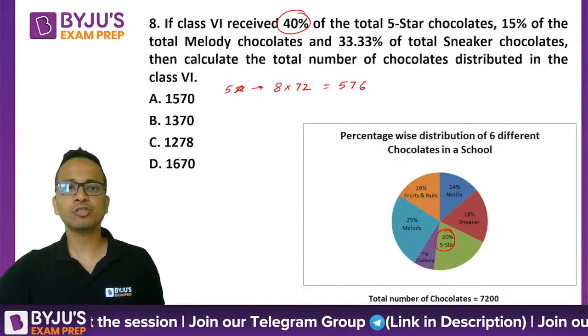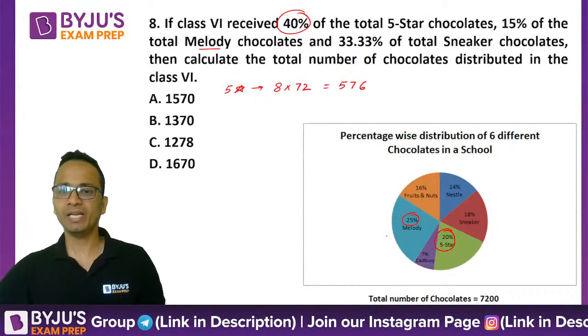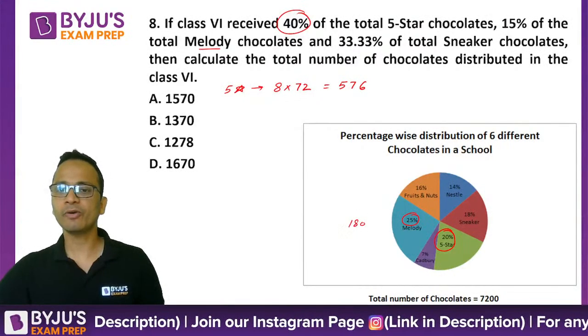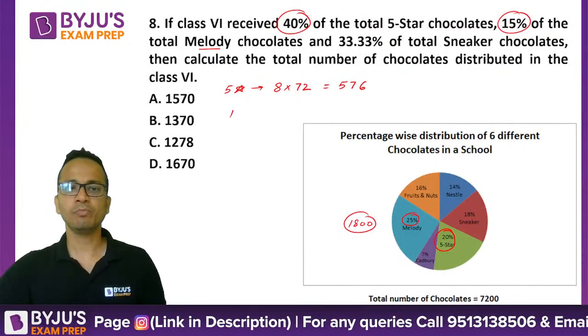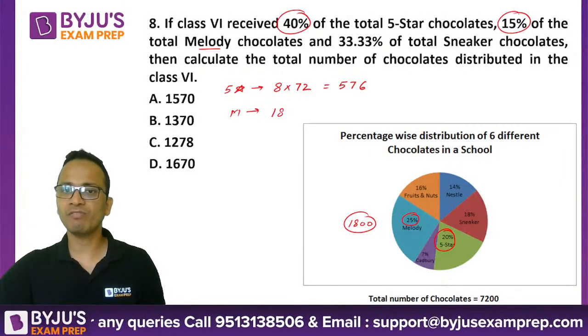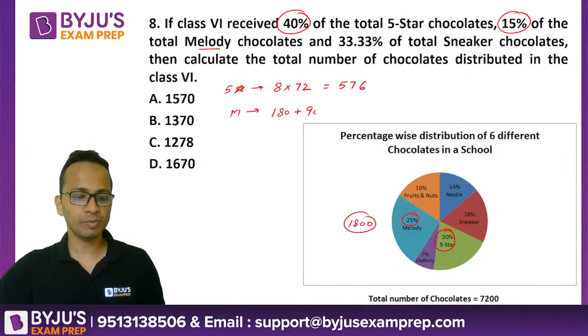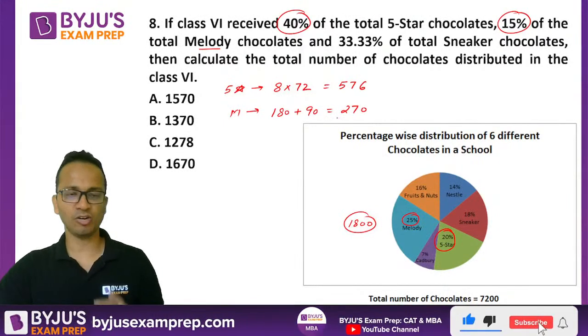Next, 15% of Melody. So what is the Melody total? 25%. So what will be the value of Melody? 1800. We have to calculate 15% of 1800. 10% will be 180 and 5% will be 90. That is 270. All right.